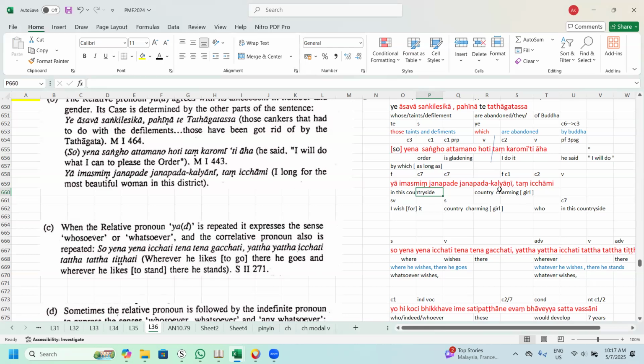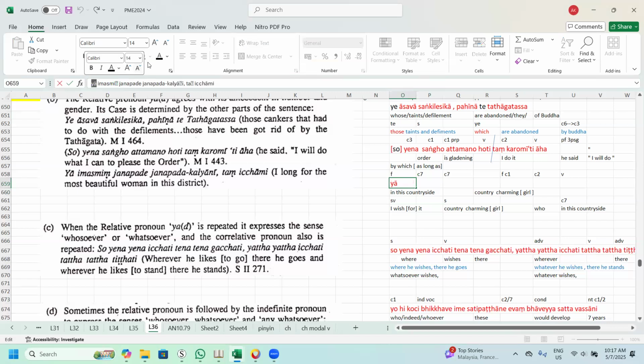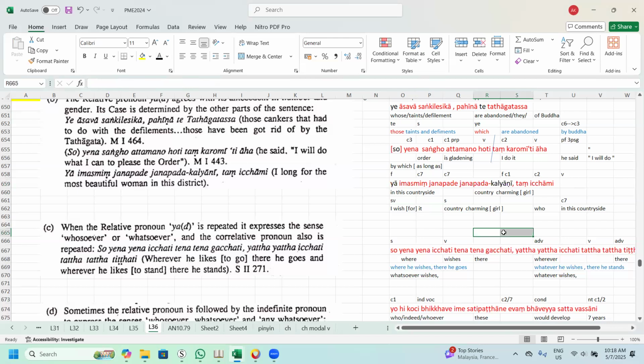And this is the relative pronoun. That means this should be related to this. This is what is meant by antecedent. This is the antecedent. So we put it in black color so that you can see. So this is talking about this. This is plural. Okay.